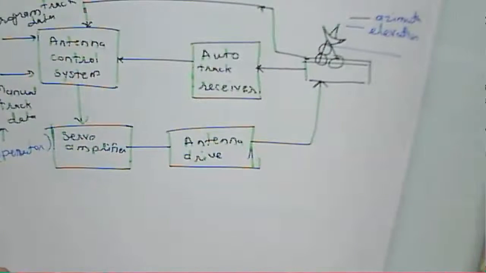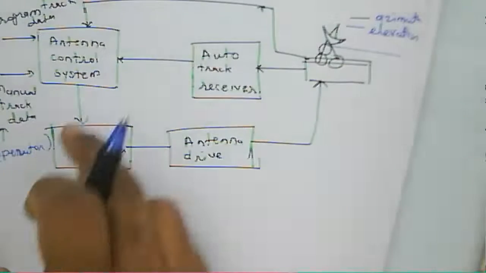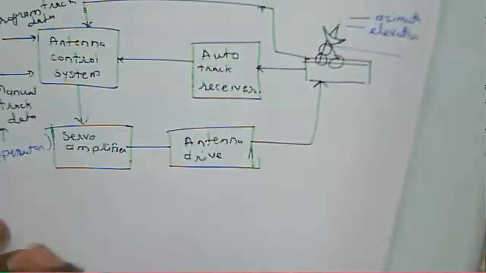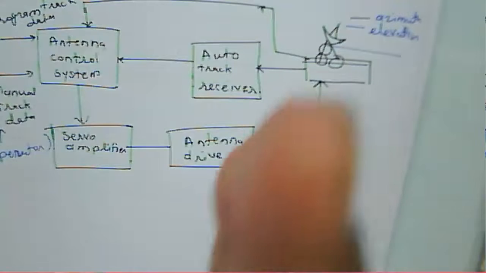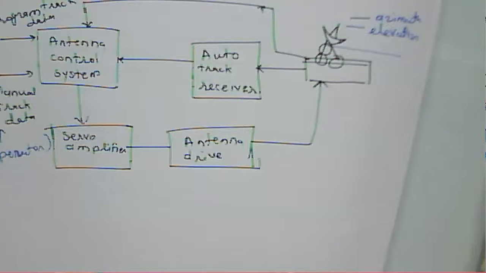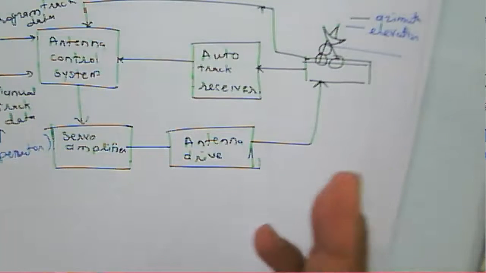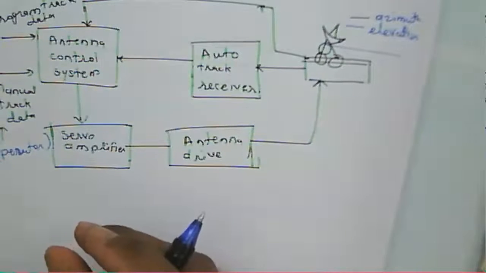Okay, and once that direction is fixed and the antenna is fixed, we need to measure the elevation and azimuth, and then that position is to be fixed.